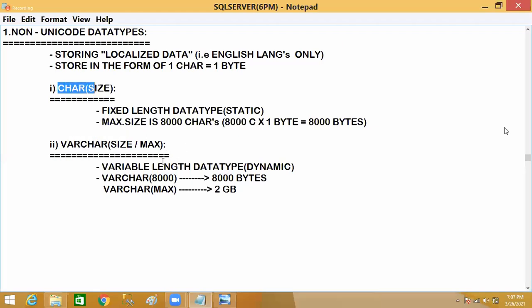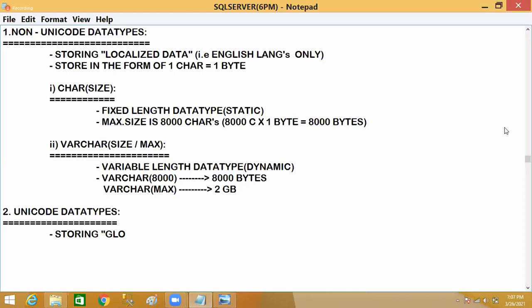Now this is non-Unicode, guys. Similarly, suppose Unicode data types. Where people are using Unicode, uni means what? Universal supported. That means it stores globalized data.